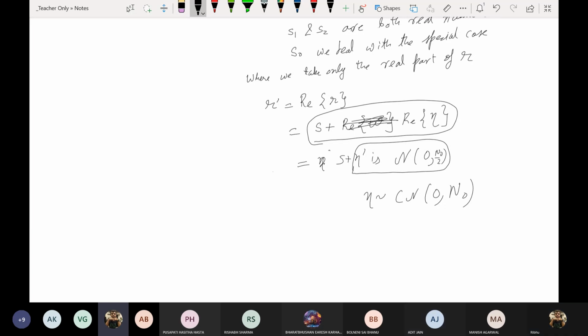From that definition of circular symmetry, the real and the imaginary part will both be identically distributed and have variance N0 by 2. Makes sense, guys?